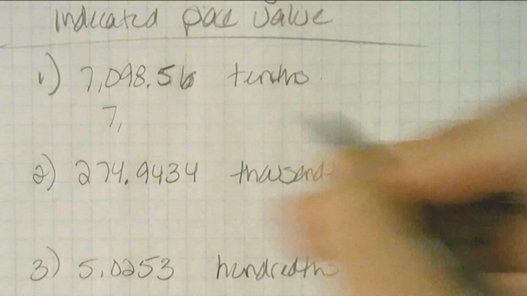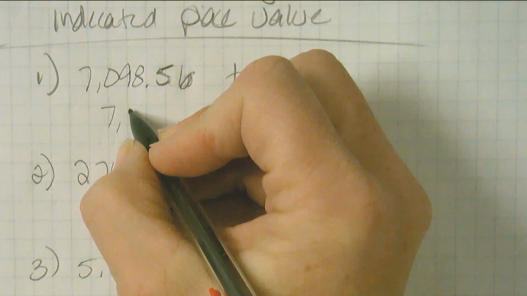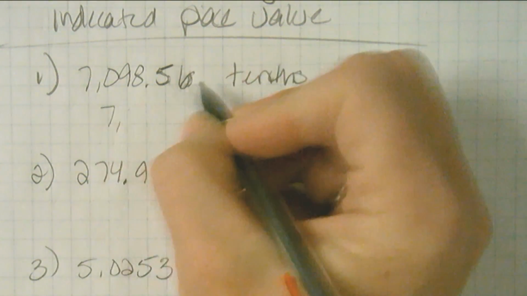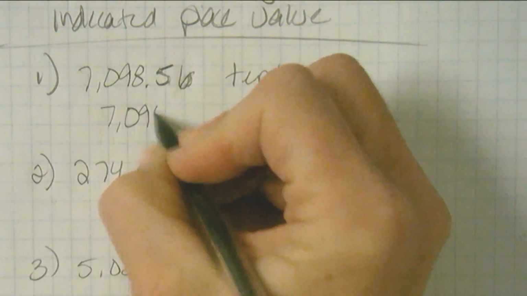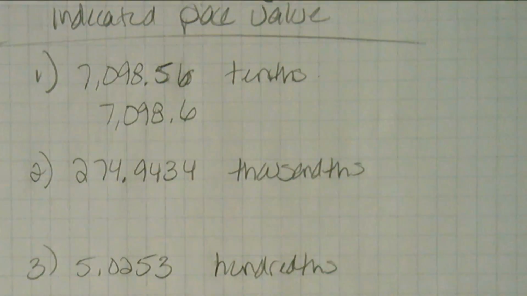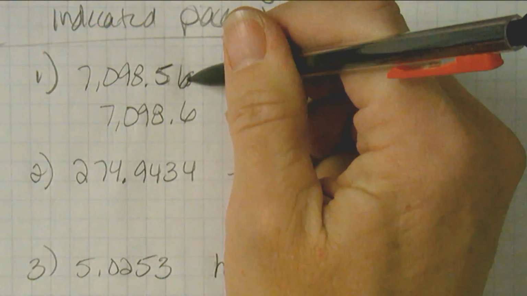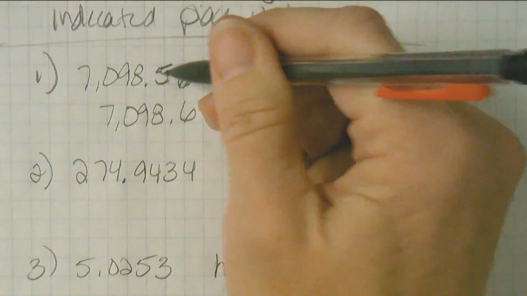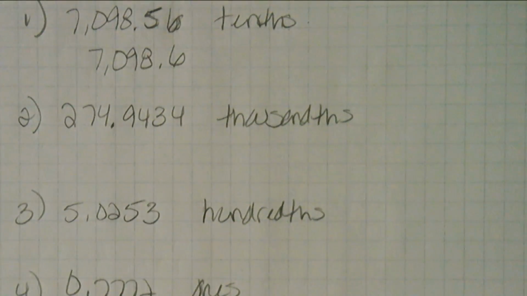Give me the number, dude. I know what she means. I want her to give me the number. Tell me the number. 0.6, not 66, 0.6. So remember, we drop off the last digit and we just round to that nearest tenth. Excellent.